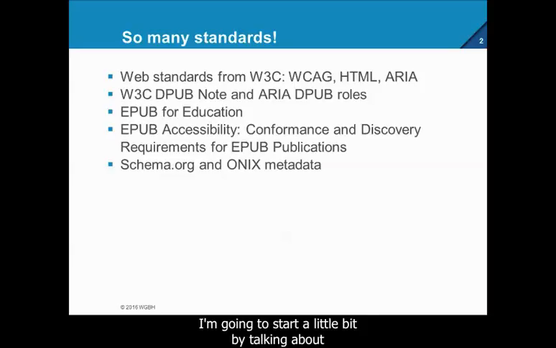But I'm going to start a little bit by talking about all of the standards that are involved in publishing an ebook. There are web standards like the Web Content Accessibility Guidelines in HTML and ARIA. There's notes from the W3C on how to use digital publications, and there are special roles for digital publications.